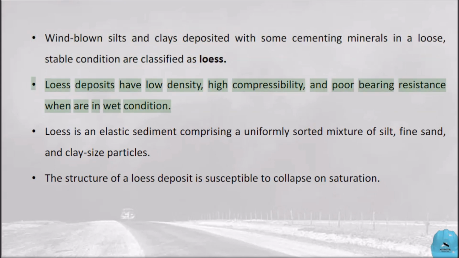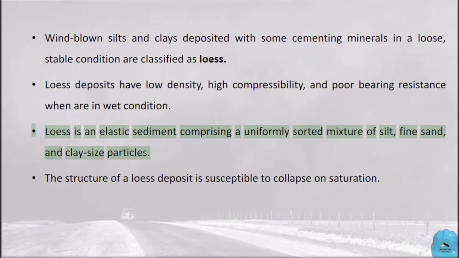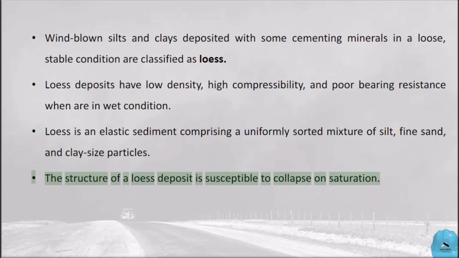Loess deposits have low density, high compressibility, and poor bearing resistance when in wet condition. Loess is an elastic sediment comprising a uniformly sorted mixture of silt, fine sand, and clay-size particles. The structure of a loess deposit is susceptible to collapse on saturation.